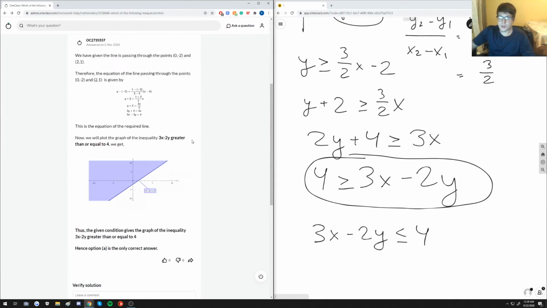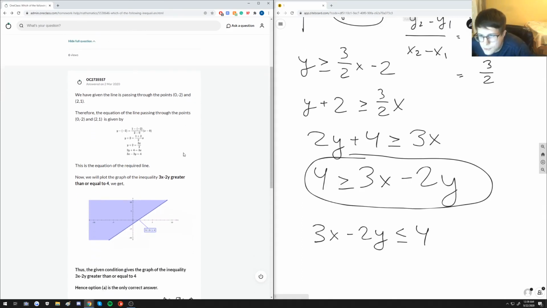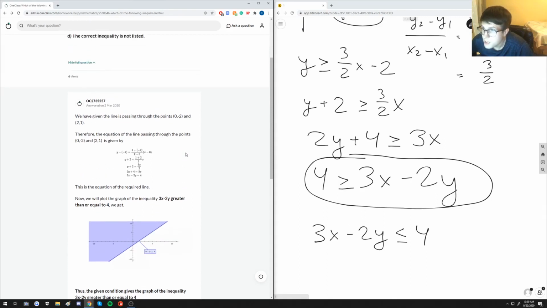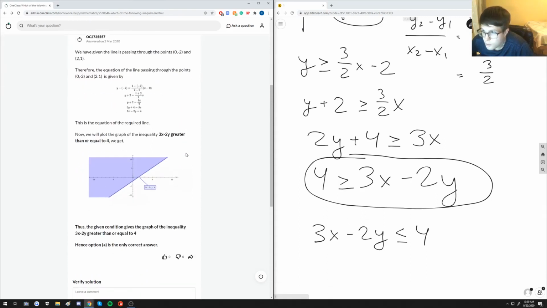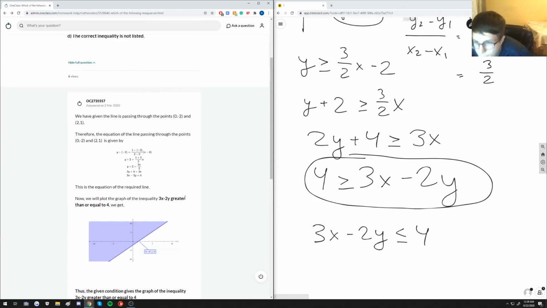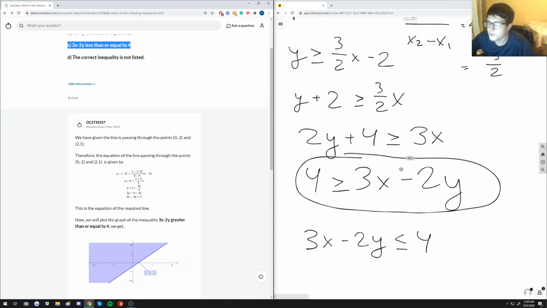And I'm going to look at the work here, and let's see what's going on. So this person actually made the mistake of, okay, so I believe what they did was 3x minus 2y is equal to 4. Okay, so we got that. Same thing, I had 2 plus y is greater than or equal to 3/4.